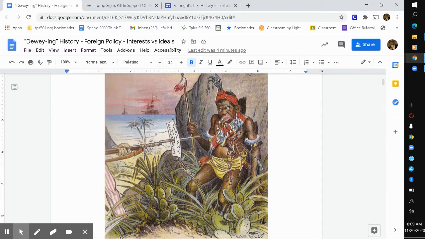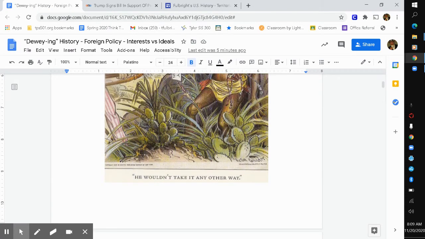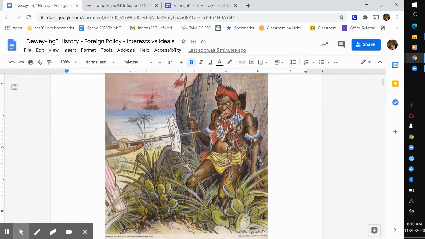Is force always the best way to achieve your ends, to do what you want to do, especially if what you want to do is supposedly share liberty and civilization? It says he wouldn't take it any other way. What is Victor Gillum trying to show us was happening?